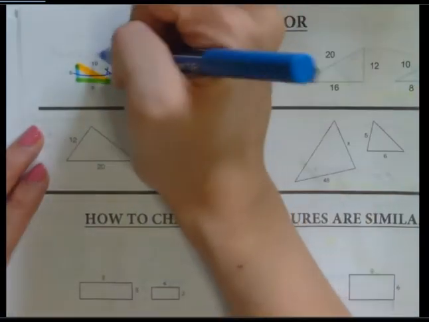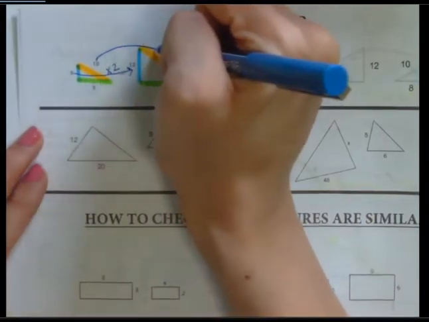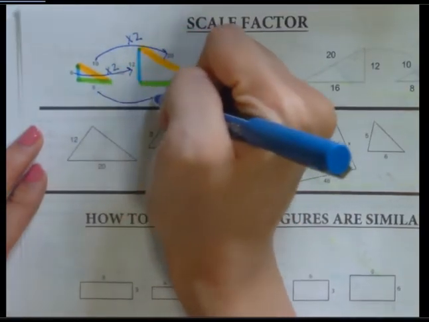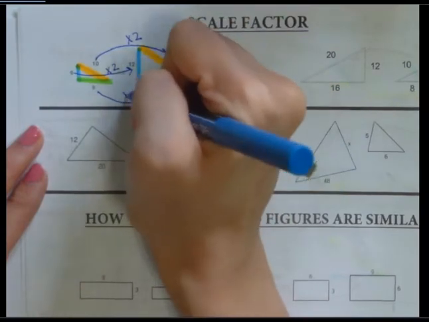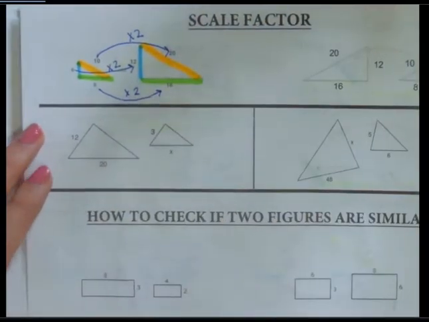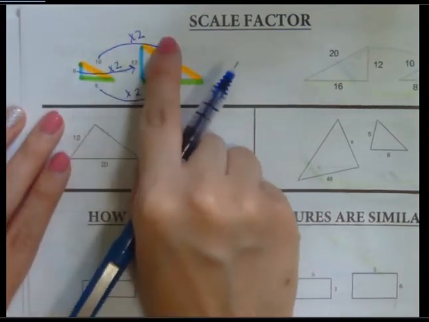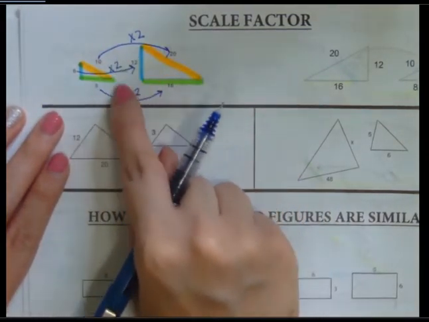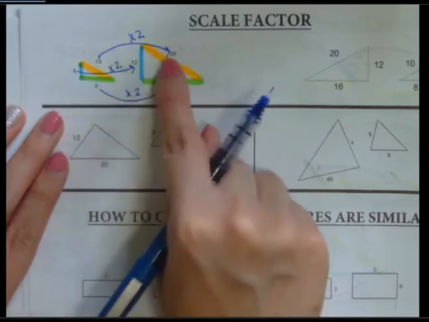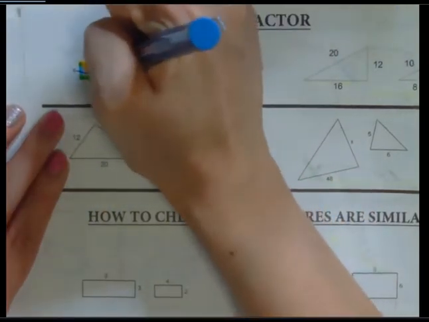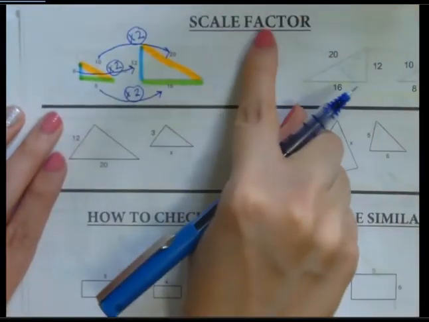From 10 to 20, it's times 2. From 8 to 16, it's times 2. Now, this relationship, when it's being multiplied by the same number from the small one to the big one, this number, the 2, is called your scale factor.